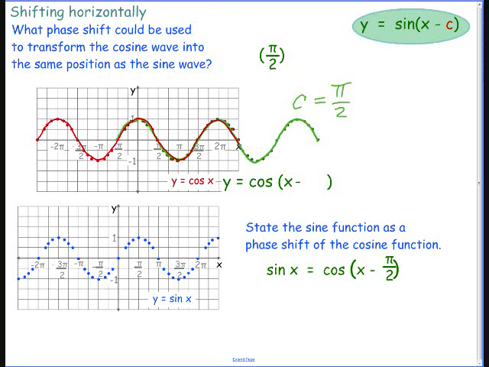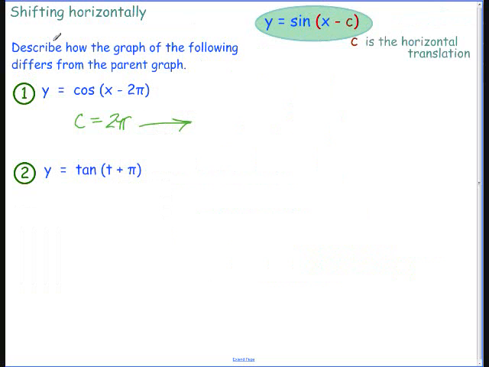I'll fill in the new information too. So now we've got minus 2 pi. And what happened? Actually, nothing that you can really see, because it's just laying on top of the parent graph.